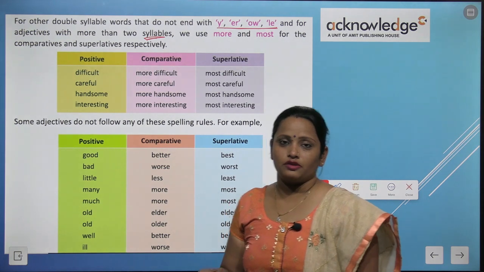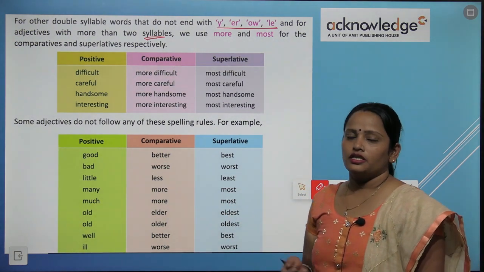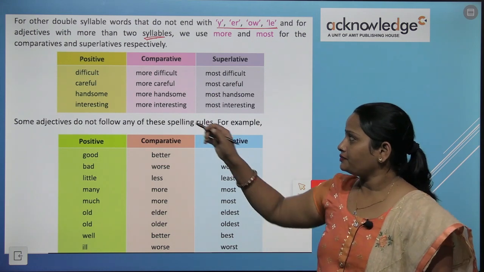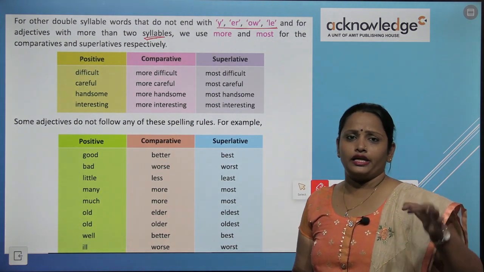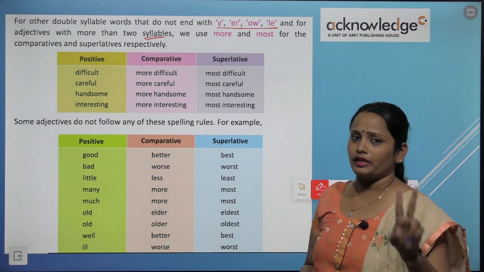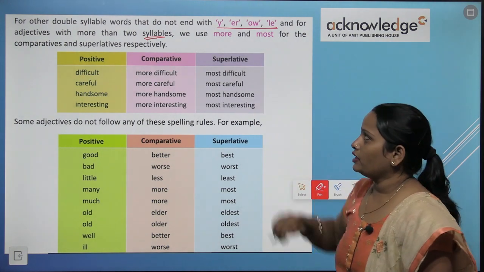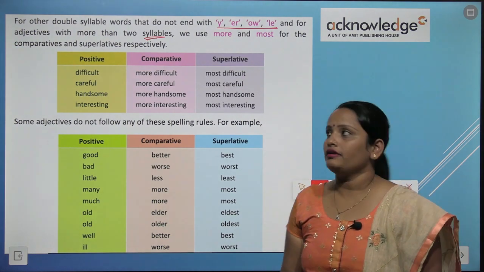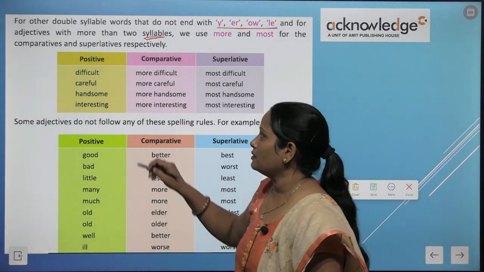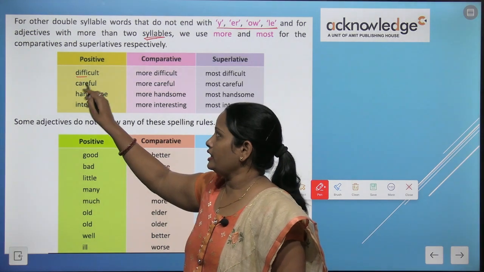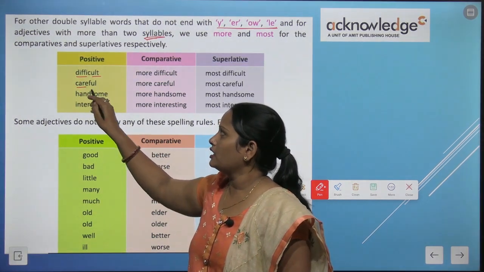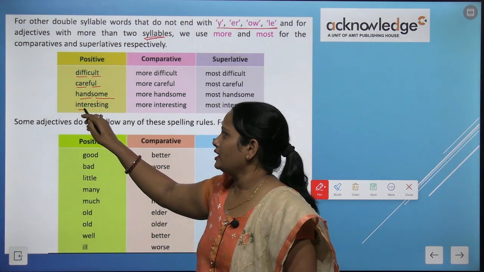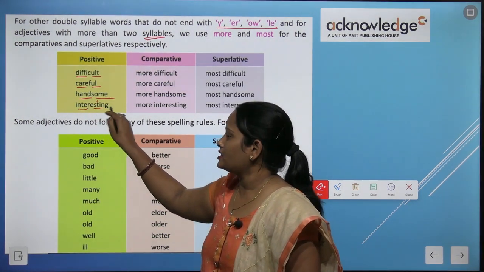So that is called syllable. तो जिस एडजेक्टिव में 2 syllable हैं, जैसे मैंने hot बोला तो एक बार बोला, but अगर मैंने बोला careful तो मैंने care पहले बोला फिर ful बोला, इसका मतलब इसमें 2 syllable हैं. So when we are talking about 2 syllable, we use more and most for the comparative degree. So जिसमें 2 syllable use होते हैं, difficult, careful, handsome, interesting.